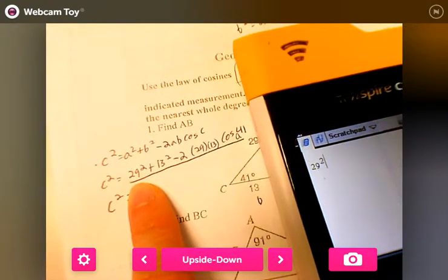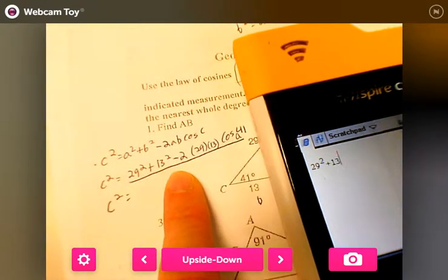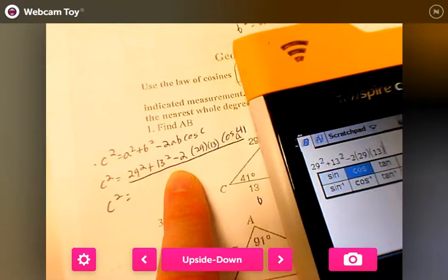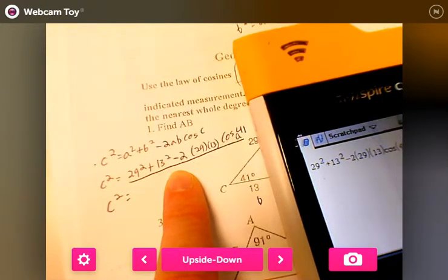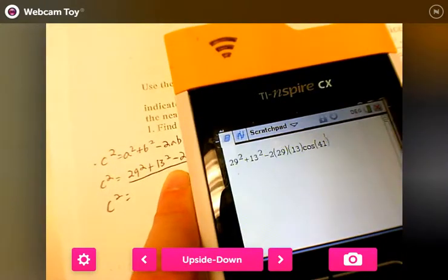29 squared plus 13 squared minus 2 times 29, and I put it in parentheses, let's put it in parentheses. 29 times 13 cosine 41. The biggest mistakes people are making with these is not putting in the calculator correctly. So I'm literally putting this whole thing in my calculator. I'm not sure why anybody is doing anything but following along.